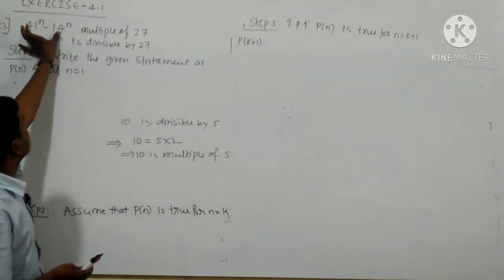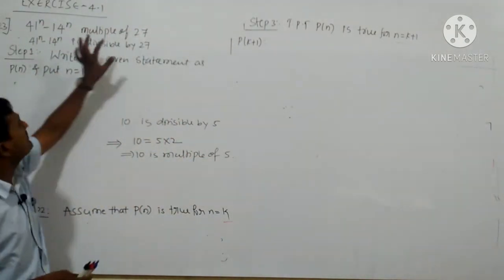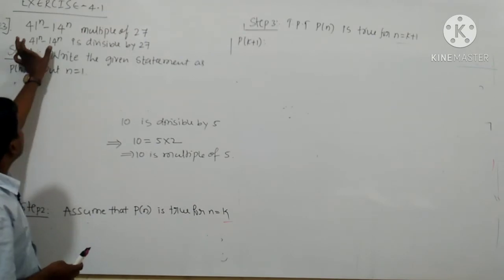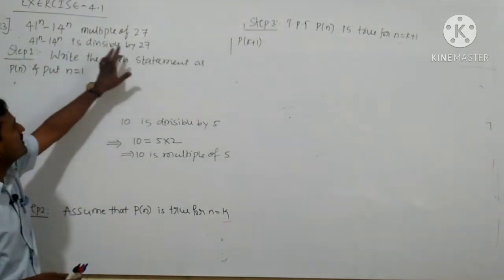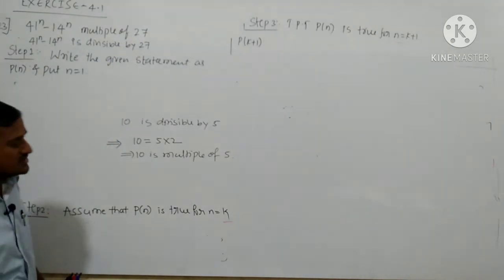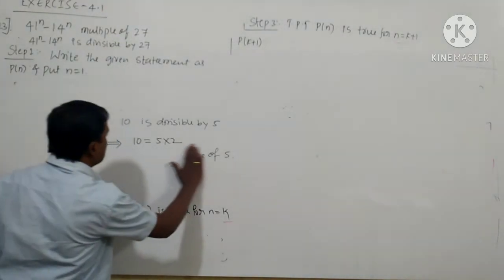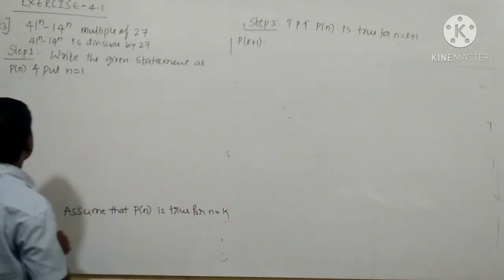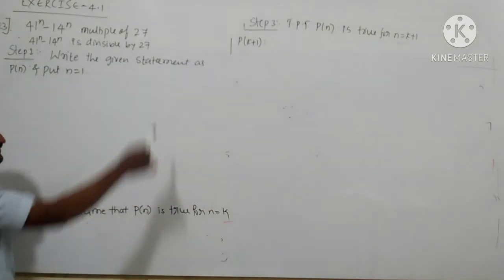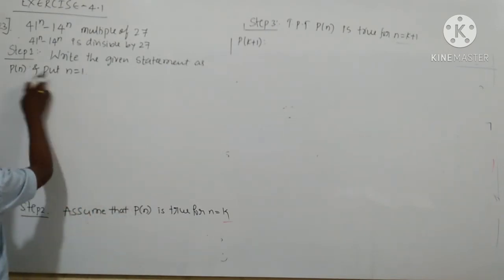Therefore, this term being a multiple of 27 means 41 raised to n minus 14 raised to n is divisible by 27. So both are correct. Therefore, we have to prove this by using mathematical induction. Write the given statement as P of n and put n equal to 1.